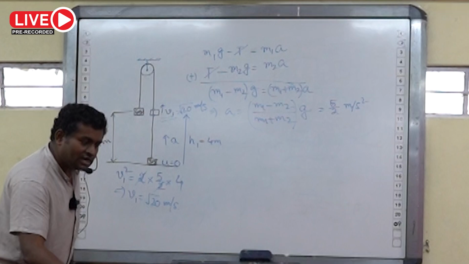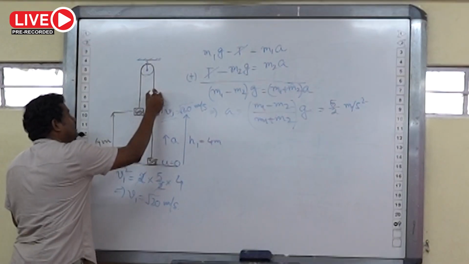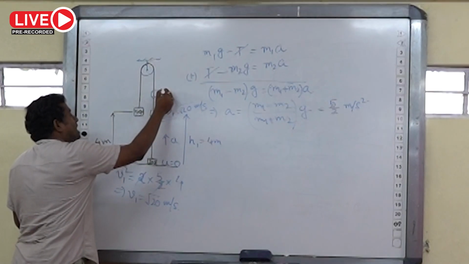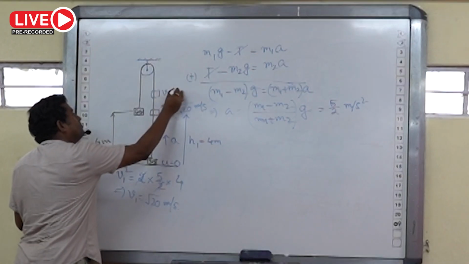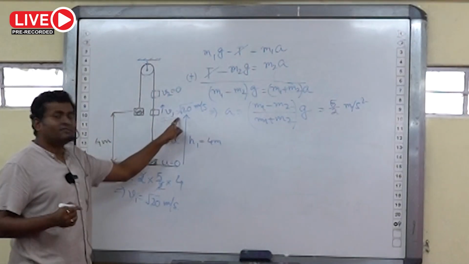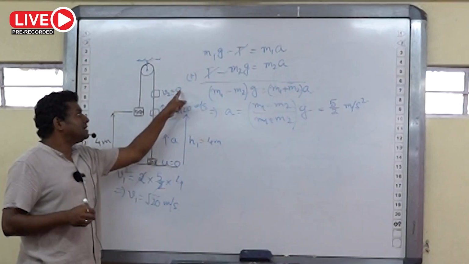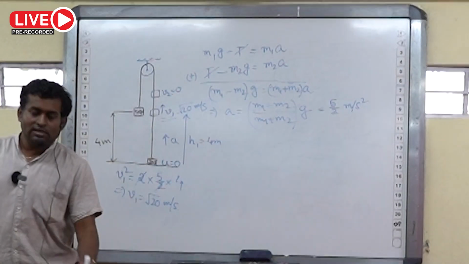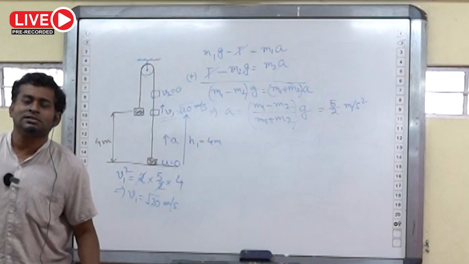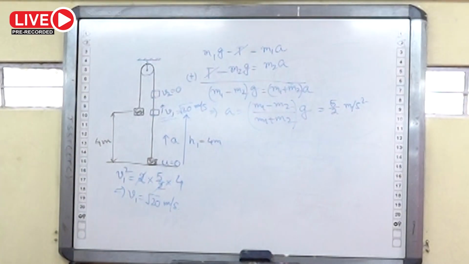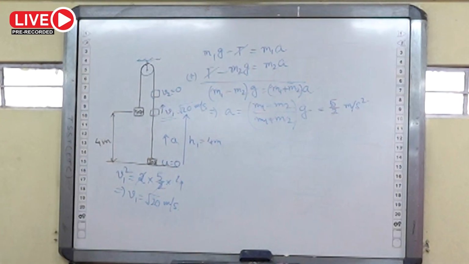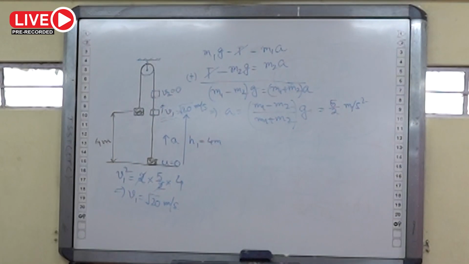So this mass will rise up to a certain height, say this much, until its velocity becomes 0. Now here velocity is root 20, here it is 0. Then how can velocity decrease? Only if there is some retardation. Is it retarding or is it accelerating?